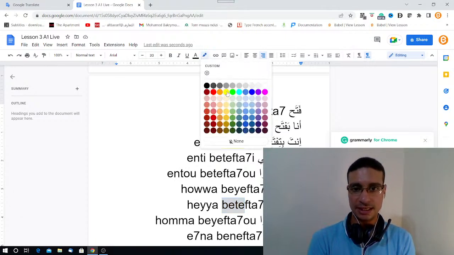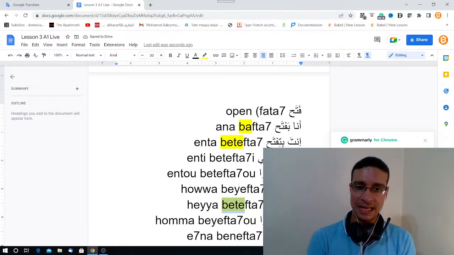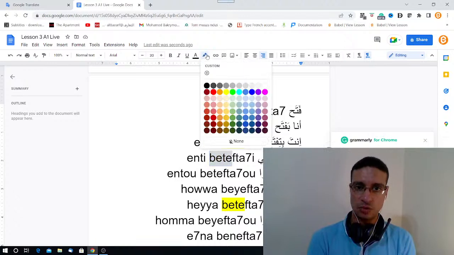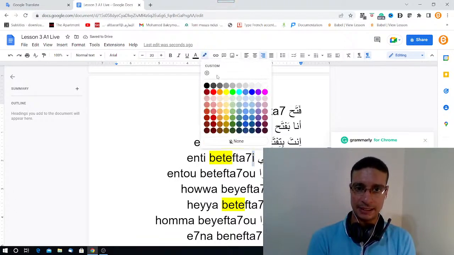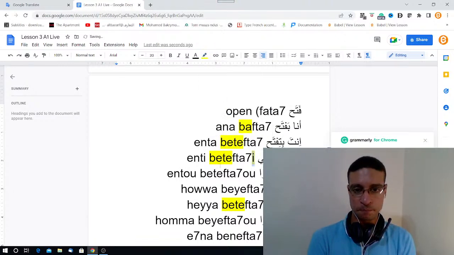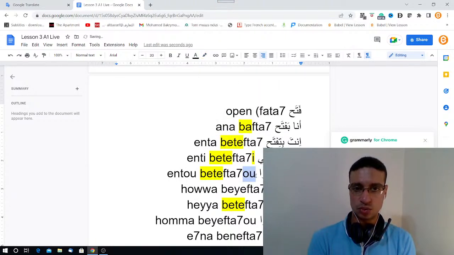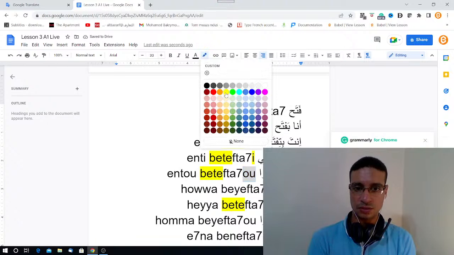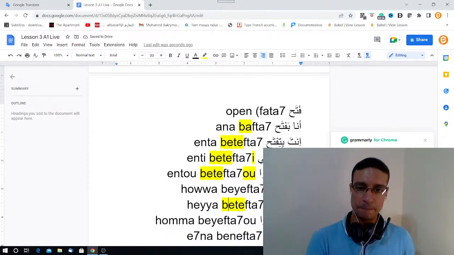Because هي is exactly like أنت, like you, masculine. And then أنتِ بت, and then we have e at the end, so بتفتحي. And then أنتوا بتفتحوا. بت and then و at the end, so أنتوا بتفتحوا, you plural.